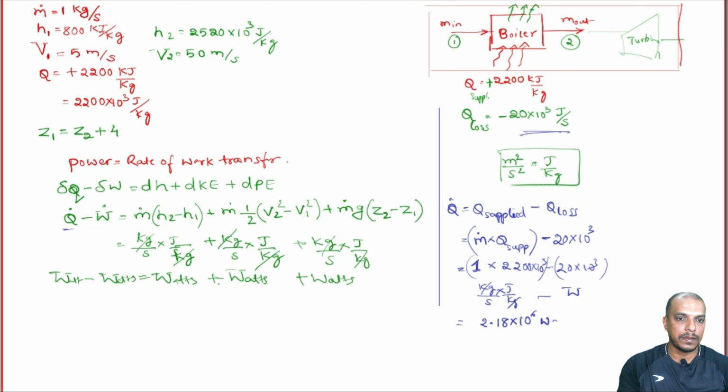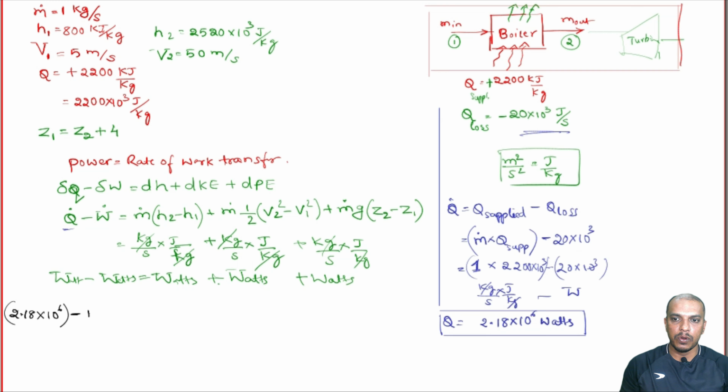So in watts. So this is our Q. Okay. Now coming back to this equation, Q we have got it now. Q is 2.18 into 10 power 6. Okay.